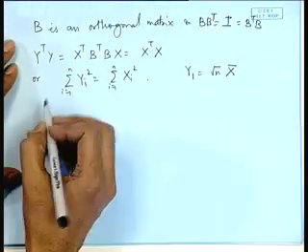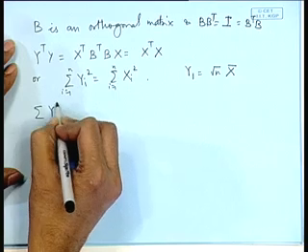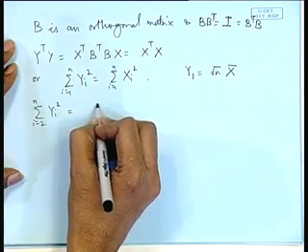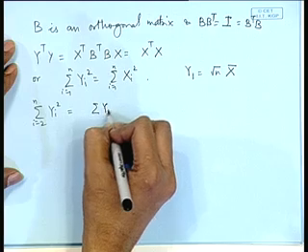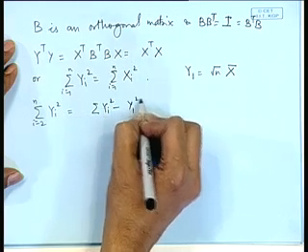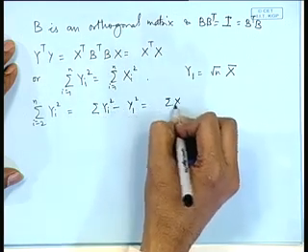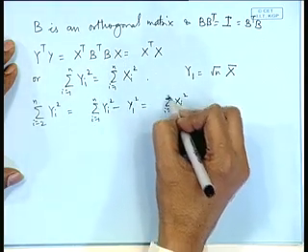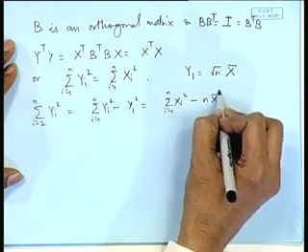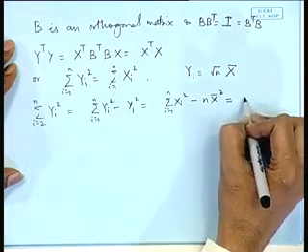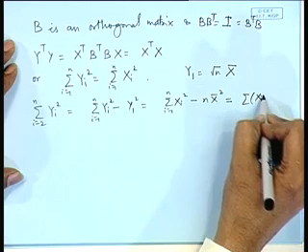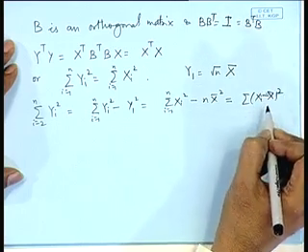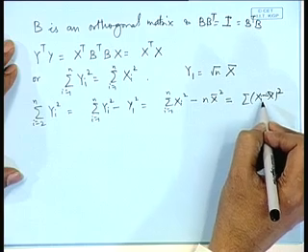From here we get sigma yi square, i equal to 2 to n, is equal to sigma yi square minus y1 square, which is the same as sigma xi square, i equal to 1 to n, minus n x bar square, that is equal to sigma (xi minus x bar) whole square, which is the term that appears in the S square, that is, the sample variance.